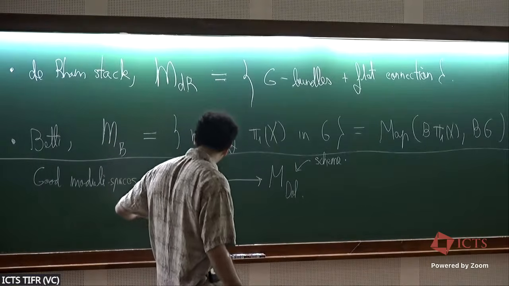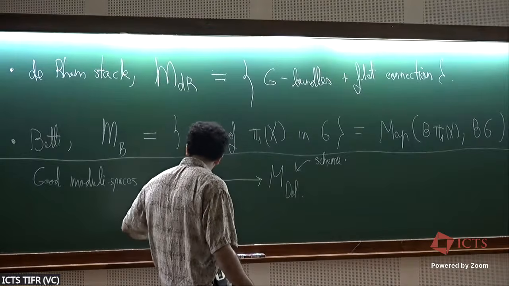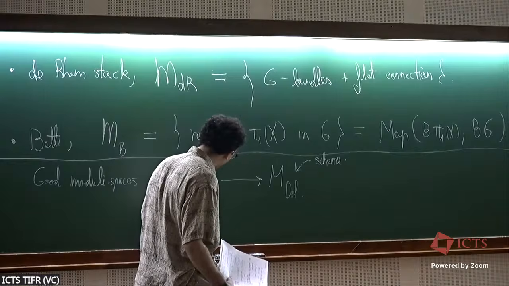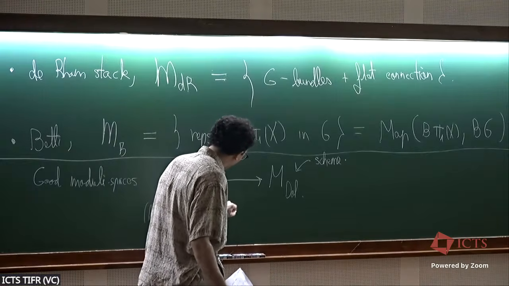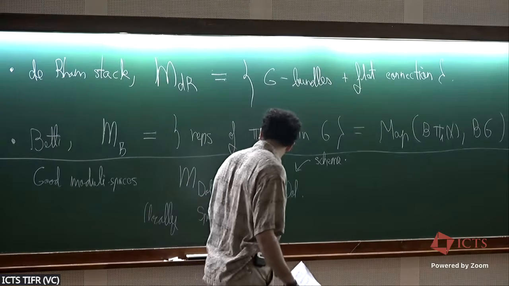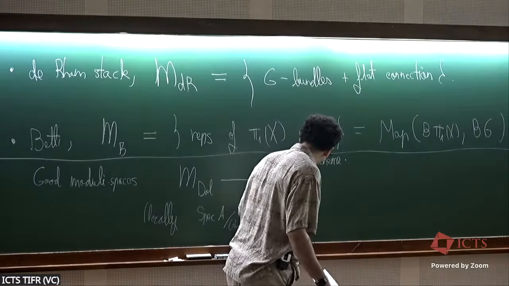Locally, this good moduli space map looks like a quotient of an affine scheme by a group, GL_N, mapping to the spectrum of the invariants.